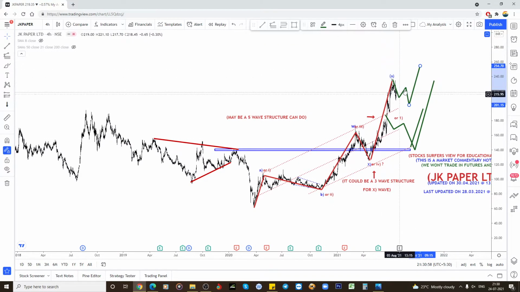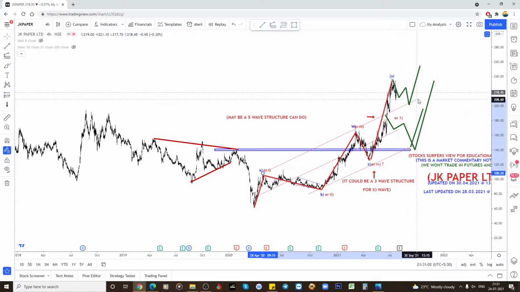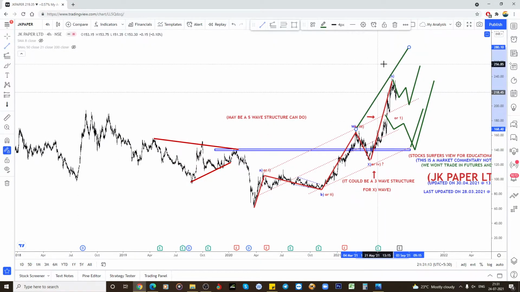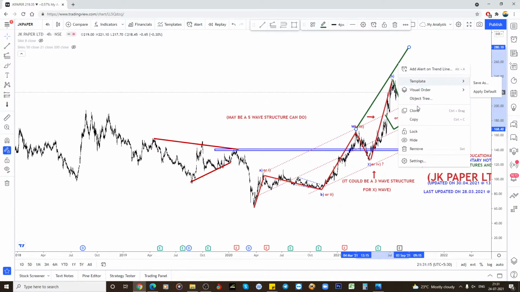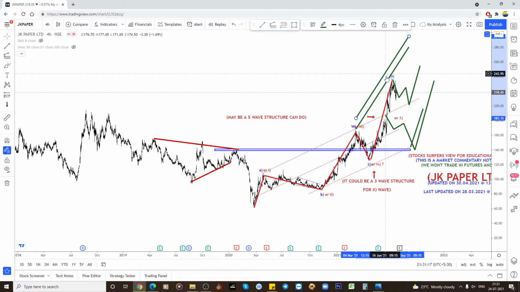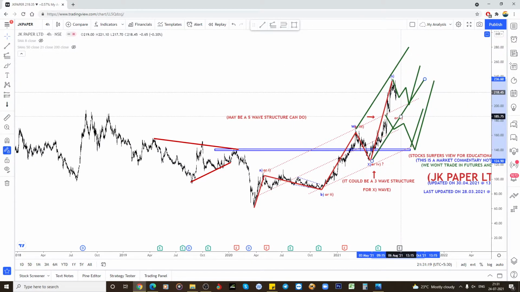So wait for the three-wave structure consolidation, and it will retest the broken trend line again. It will be taken as A, then we will change our trend line like this. Once it is broken and retested, we will change our channel like this.